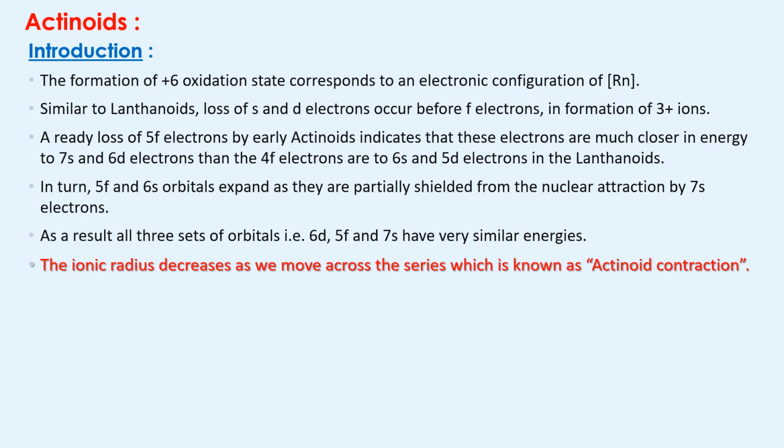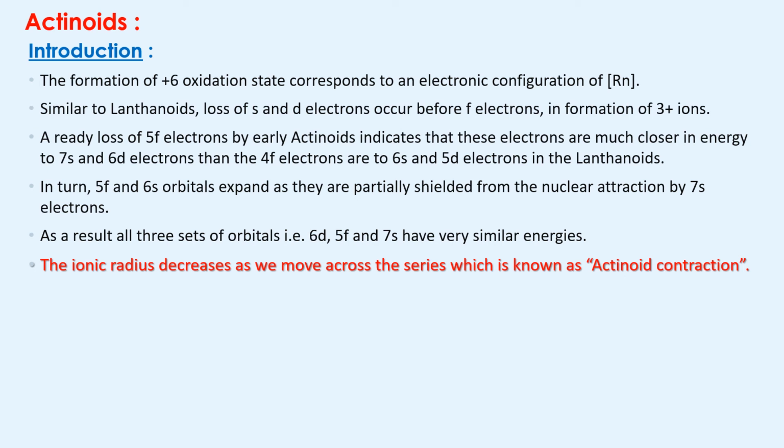The ionic radius decreases as we move across the series, which is known as the actinoid contraction, similar to lanthanoid contraction. To explain why actinoid contraction happens: the ready loss of 5f electrons by early actinoids indicates that these electrons are much closer in energy to 7s and 6d electrons than 4f electrons are to 6s and 5d electrons in lanthanoids. In turn, 5f and 6d orbitals expand as they are partially shielded from nuclear attraction by 7s electrons.